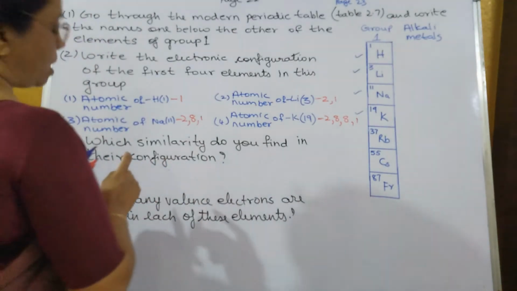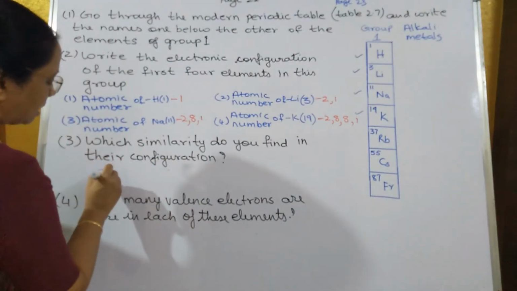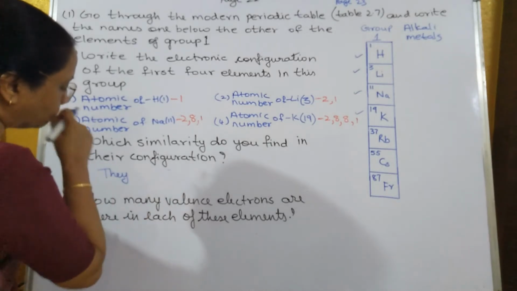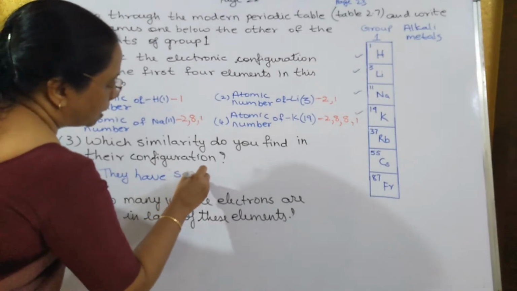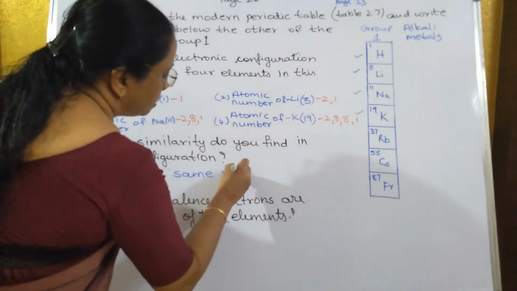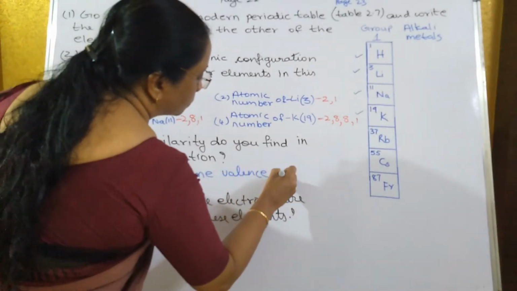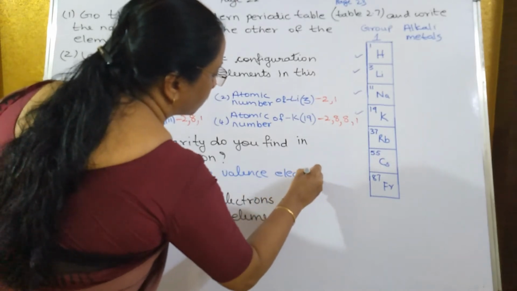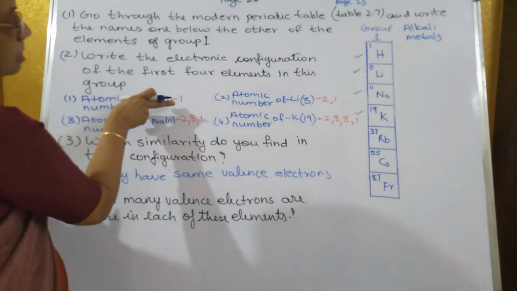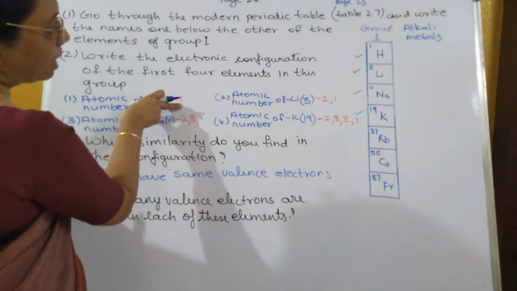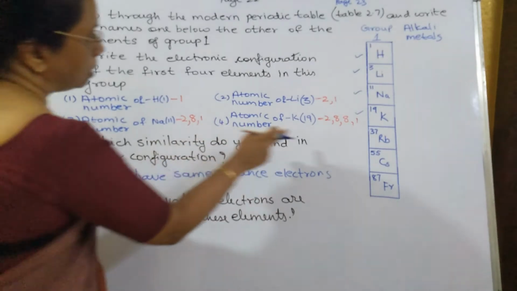So they have the same valence electron. If you see in each of the elements, the last shell is having only one, that is, valence electron is 1 1 1 1.